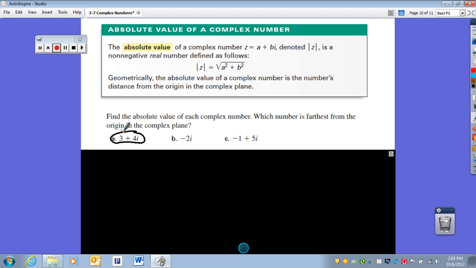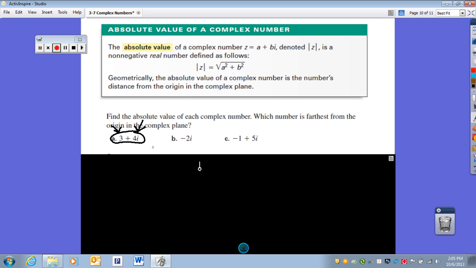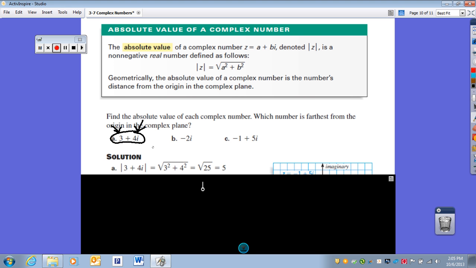So a is 3, b is 4, so we're going to take 3 squared plus 4 squared. 3 squared is 9, and 4 squared is 16. So 9 plus 16, that's going to be the square root of 25, and the square root of 25 is 5. That is going to be the absolute value of that complex number.